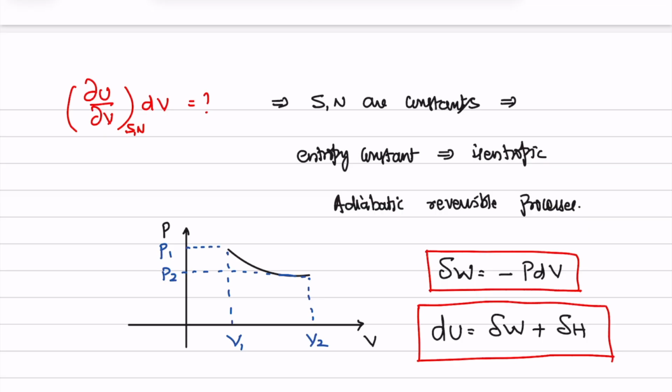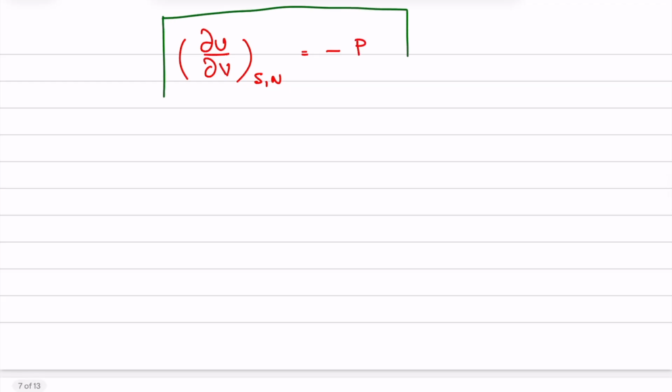From the above two equations, we can safely write ∂U/∂V when S and N are constants will be equal to minus P. Are you able to follow? Because minus PdV is the mechanical work done by the system on the surroundings.